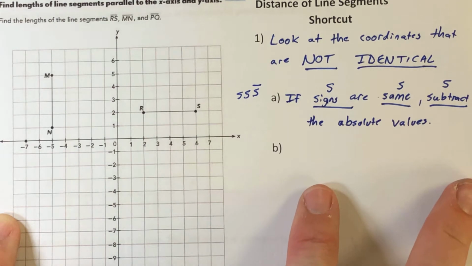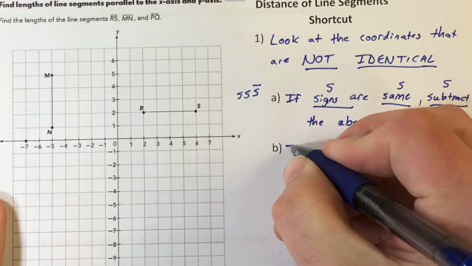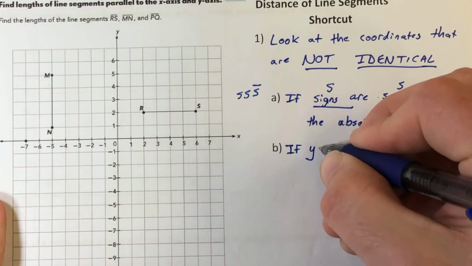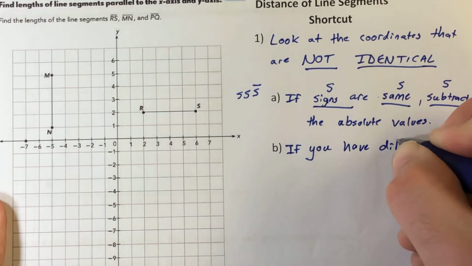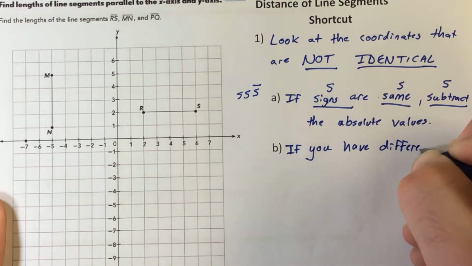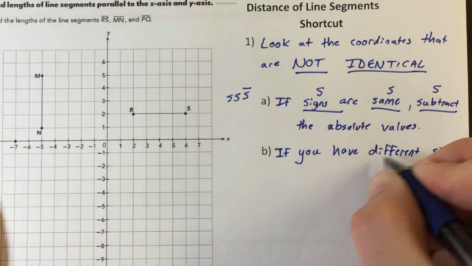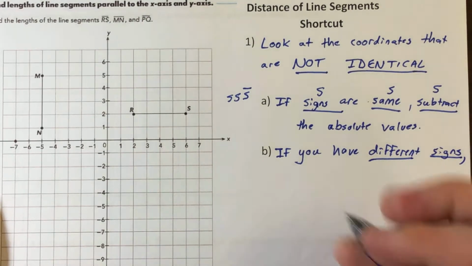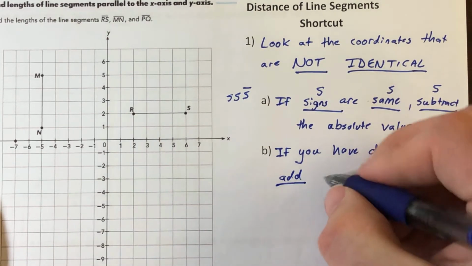Option 2 is, what if you have different signs, like one of your numbers is positive and one of your numbers is negative? If you have different signs, you're going to add the absolute values.